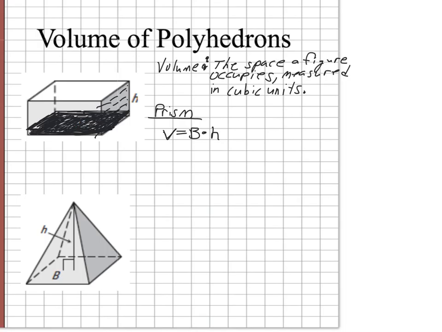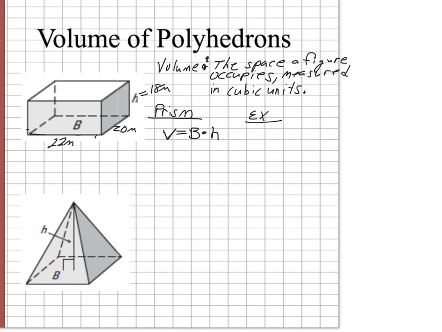So if we take this and I'm going to be a little bit more specific, I want to do an example here where our base is going to be 22 meters by 20 meters, and our height is equal to 18 meters.